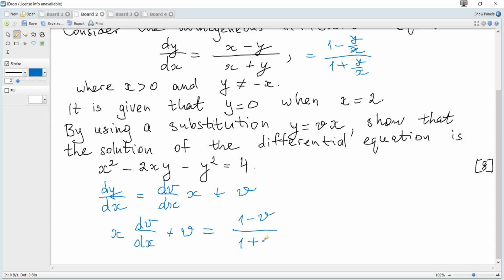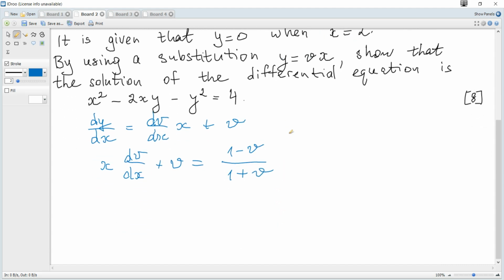over 1 plus v. Then usually there will be integration by separating variables, and to do that you can see that definitely this should go to the right, so it becomes minus v, then the common denominator 1 plus v, 1 minus v minus v squared.